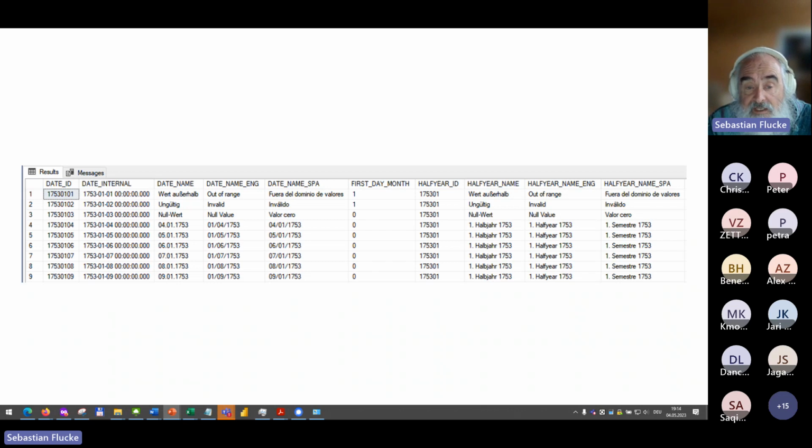To pick up dates for special circumstances, for out of range, for invalid data, for null values delivered. There can be a business need to deal with such things if you get data from outside, where usually a date is connected, but sometimes not, for whatever reason, because of the delivering OLTP system.